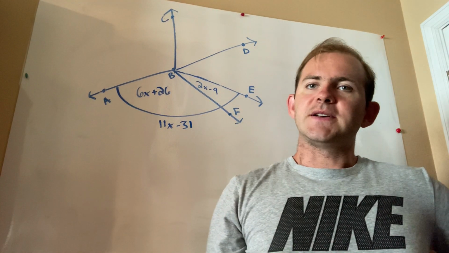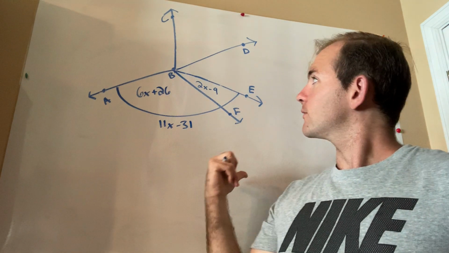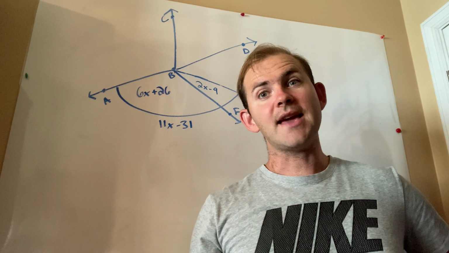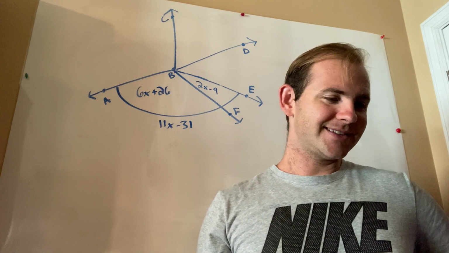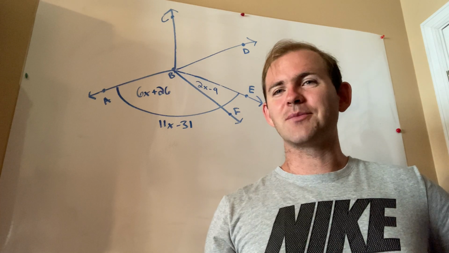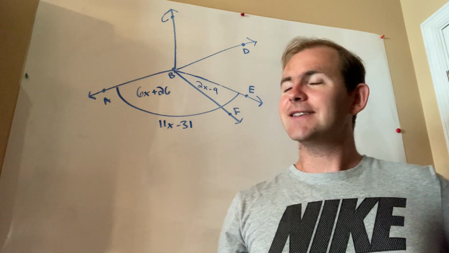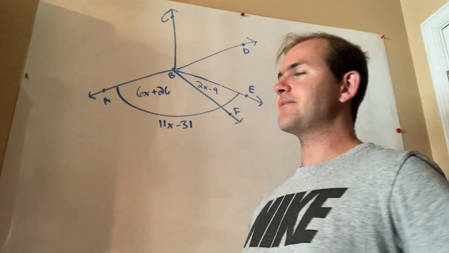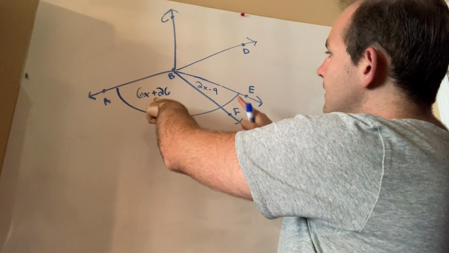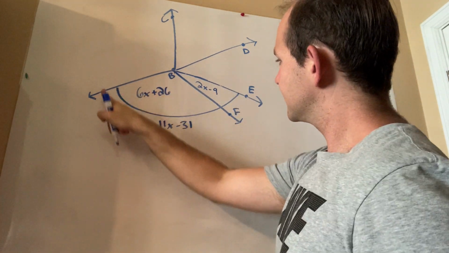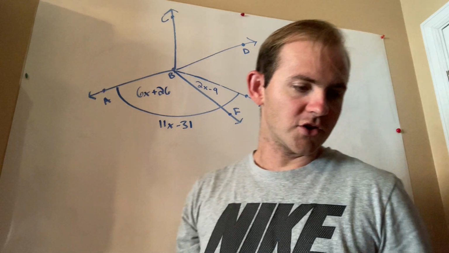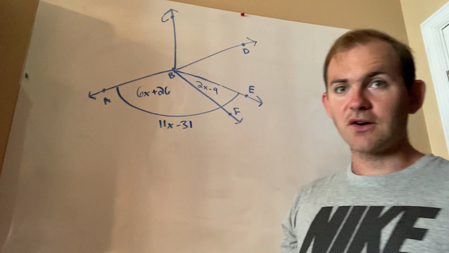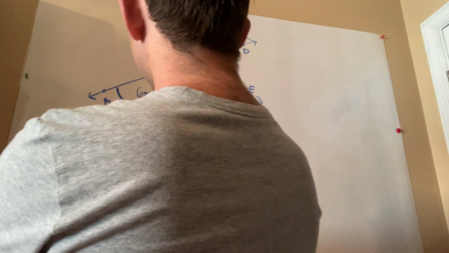So look what's really nice about that, guys. By simply writing the information in the problem that they gave us, it turns out that this is actually not a terribly difficult problem. It turns out that this is simply an angle addition problem. Here's a small, and here's the whole thing, otherwise known as a big. So all we gotta do is set up an equation.